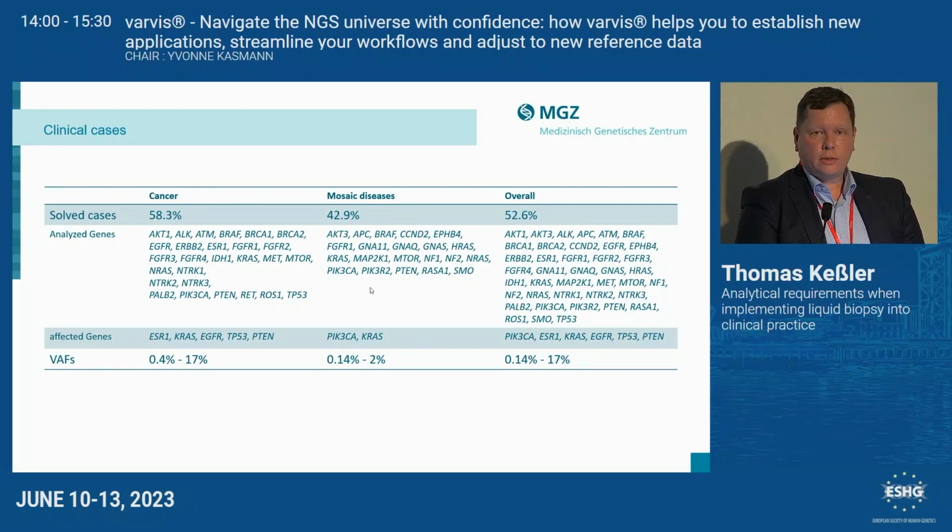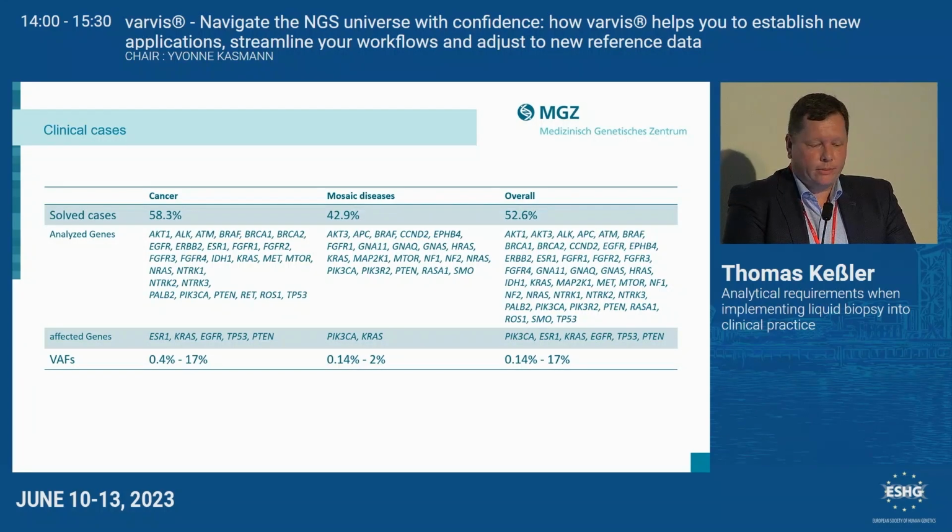We can also apply this to mosaic diseases, finding PI3 kinase and KRAS variants with very low frequency, and facilitate the diagnostics for young kids who are not happy if you try to pinch out a bit of their overgrowth skin, simply by using a ctDNA assay and their blood.